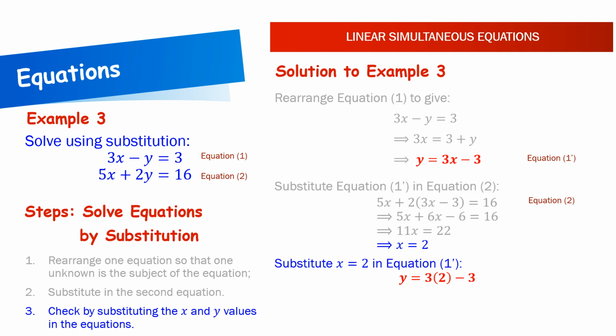So y equals 3 times 2 minus 3, to give y equals 3. And therefore the solution is x equals 2, y equals 3.